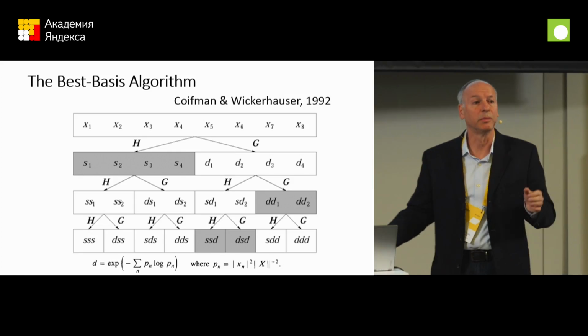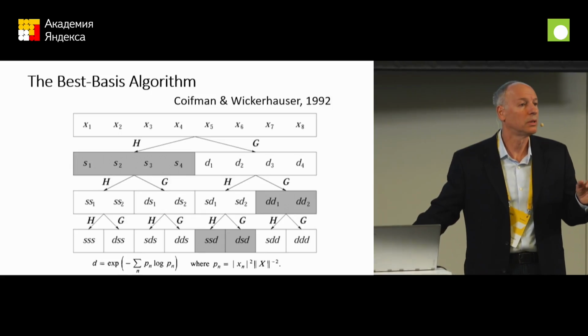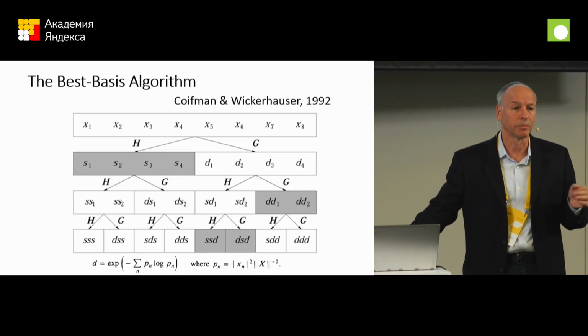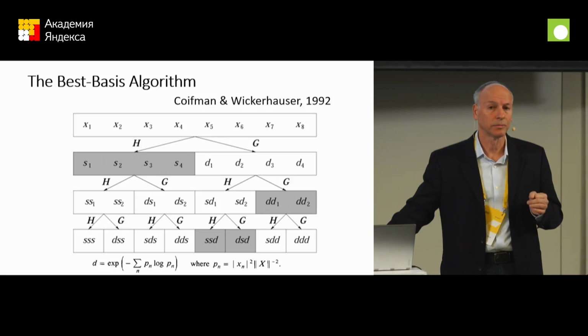So what would I be looking for? Low entropy or high entropy in these projections?